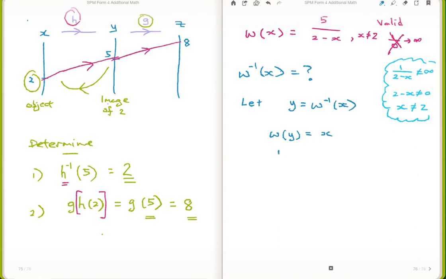So my equation turns out to be 5 over 2 minus y equals x. Rearrange them to find out what y is. I will get 5 equals 2x minus xy. Bring this over, I will get xy equals 2x minus 5. So y will be equal to 2x minus 5 over x.